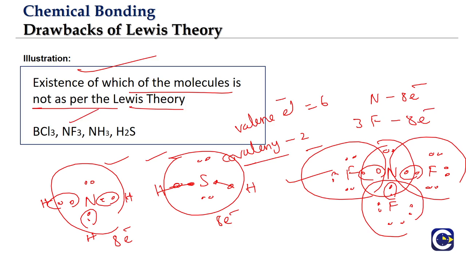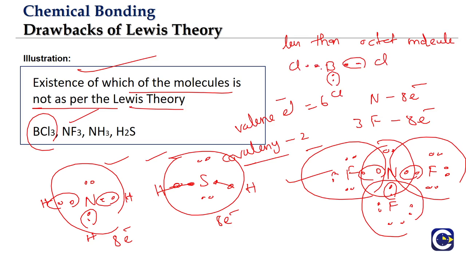Now if you have analyzed the 3, we got our answer: BCl3. In fact, we discussed it. BCl3 is a less than octet molecule. Why? Boron has 3 valence electrons, and it forms 3 bonds, one with each of the chlorines.